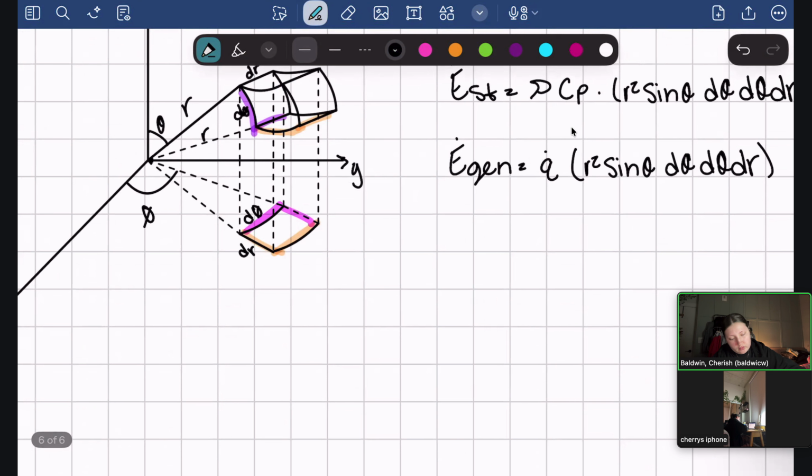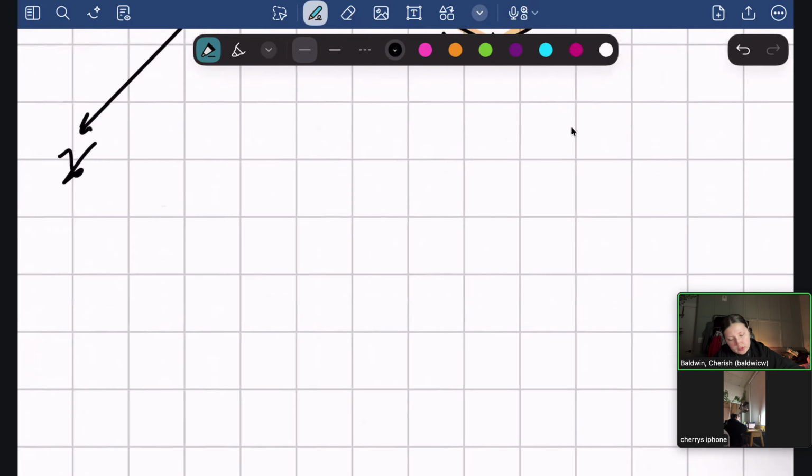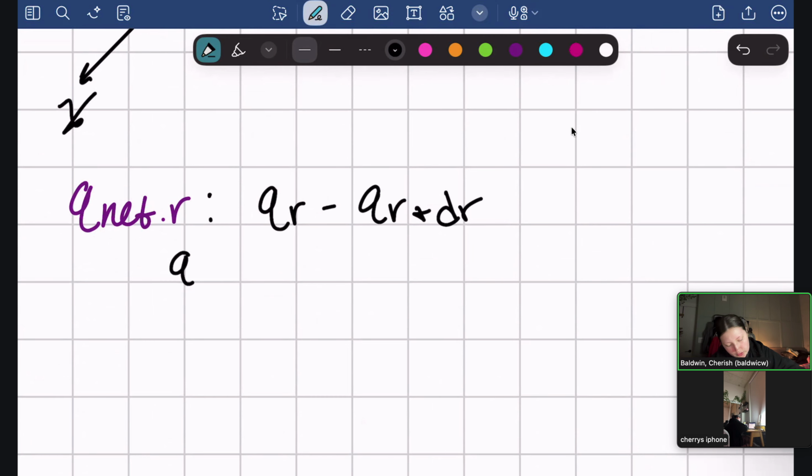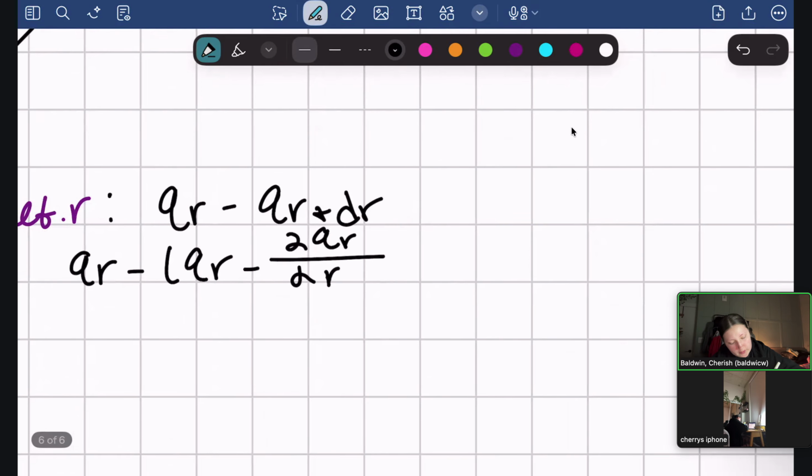So the first one, we're going to start with the purple surface, which is Q net R. So this is QR minus QR plus DR. Now we're gonna calculate the Taylor series, which is QR minus QR minus the gradient of QR over QR times dr.